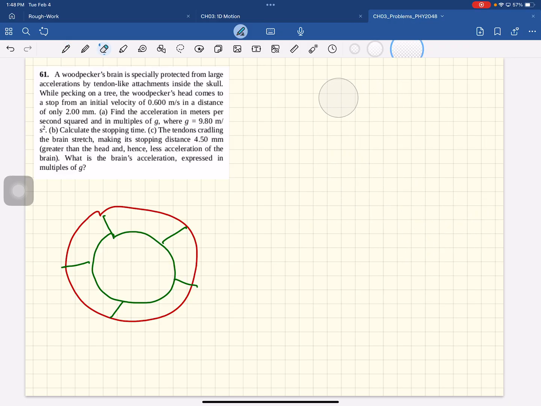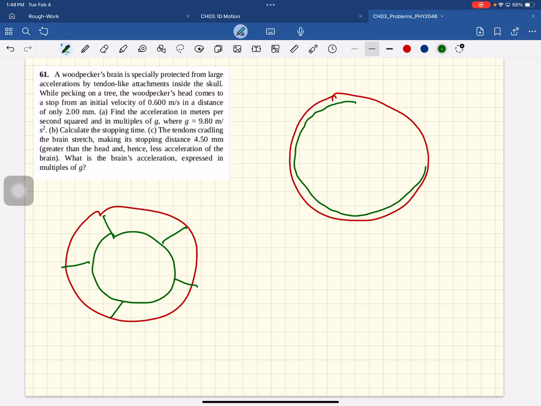And you guys know that football players' concussion is an issue. So let's say I'm going to draw a prehistoric woodpecker. Here's the skull of a prehistoric woodpecker.